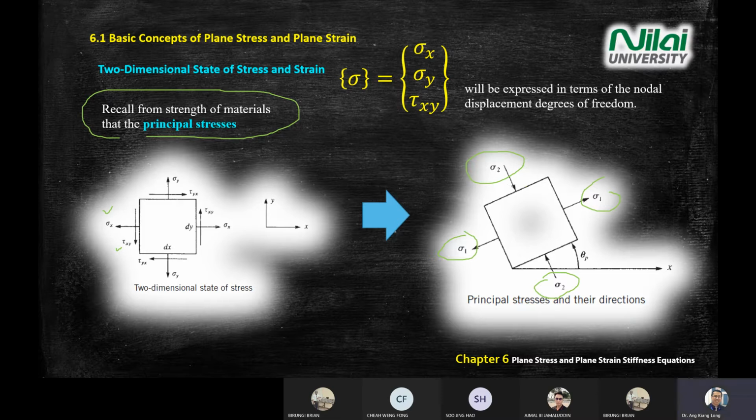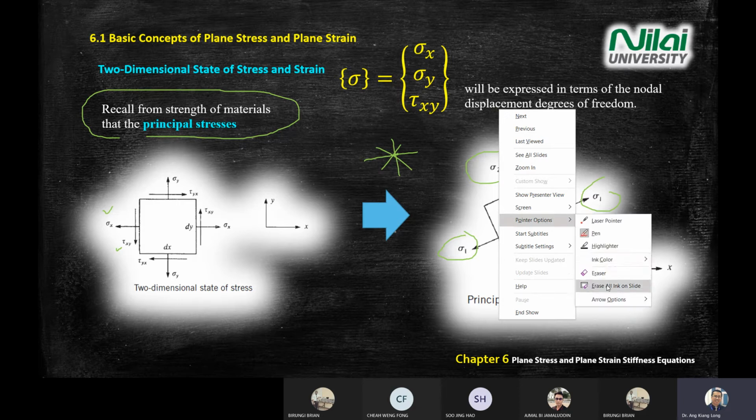And in this case, you see the arrow of principal stress 2 is pointing in, while principal stress 1 is pointing out. So this is a general principle that you recall from the previous module when you studied statics and dynamics. Okay, so this is number 1 that you need to recall from your previous module.